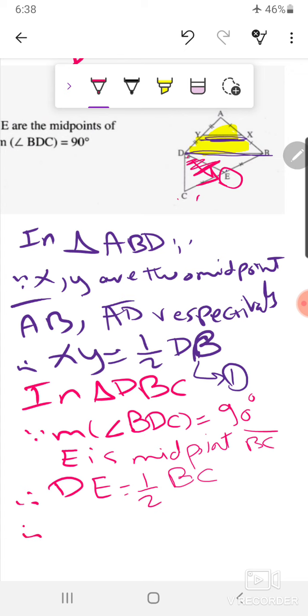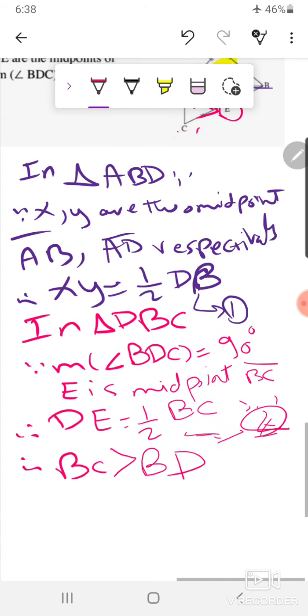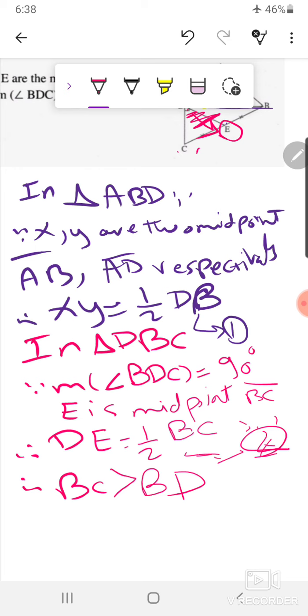So you have BC is greater than BD, this is number 2, because BC is a hypotenuse.